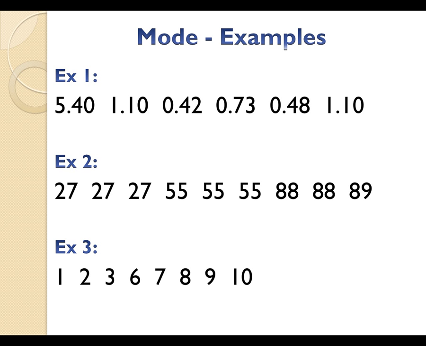Well, 55 might not be a bad one, because it is between 27 and 89. But 27 is the lowest value of the data. And it's a mode, so it shows up a lot, but it's not necessarily a measure of center for that reason.